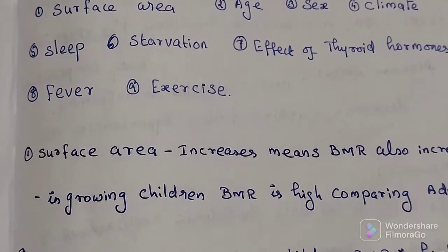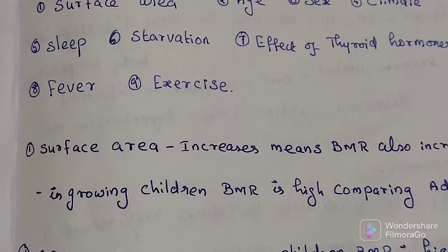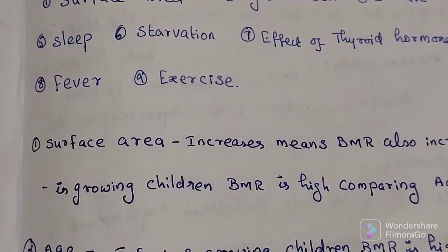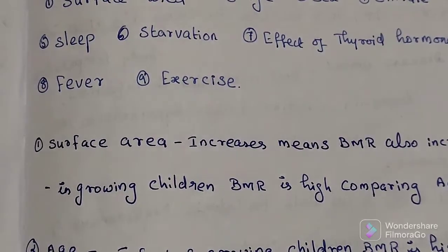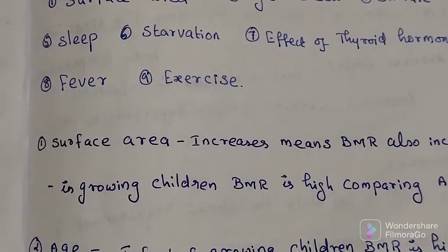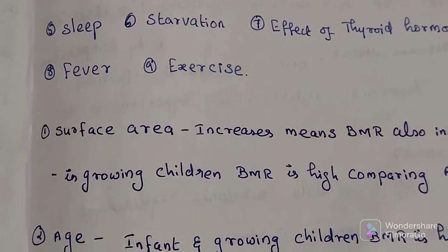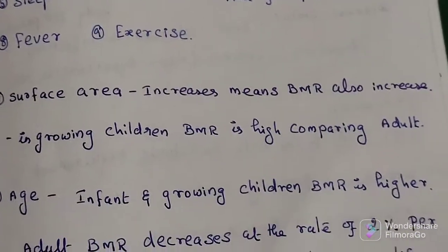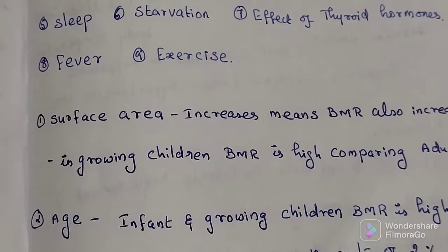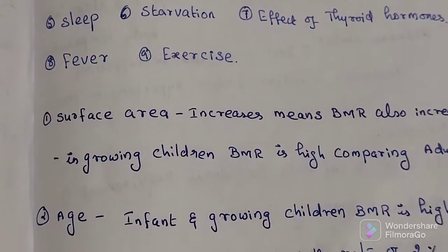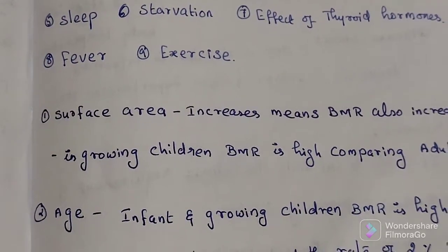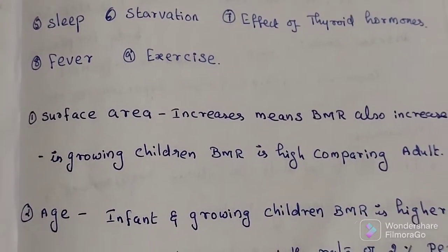More surface area means more heat loss from the body, which causes the metabolism to speed up in order to maintain body temperature. As surface area increases, BMR increases.